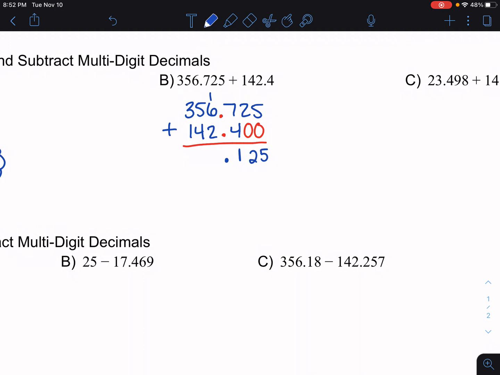My decimal point, 2 plus 6 is 8, plus 1 is 9. 5 plus 4 is 9, and 3 plus 1 is 4. So the answer after I add here is 499.125.